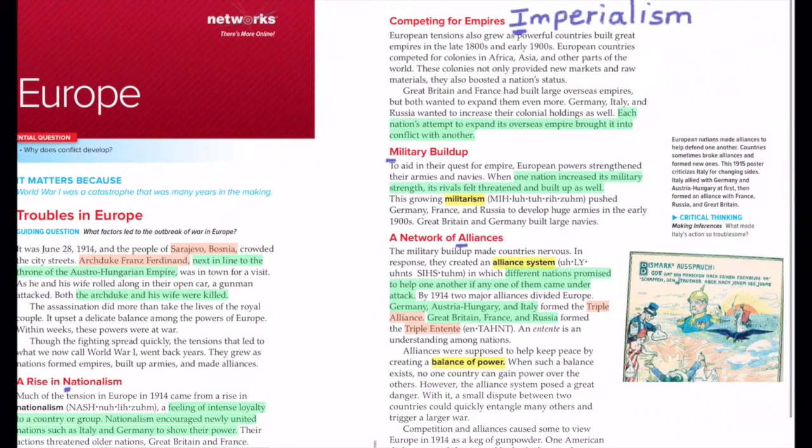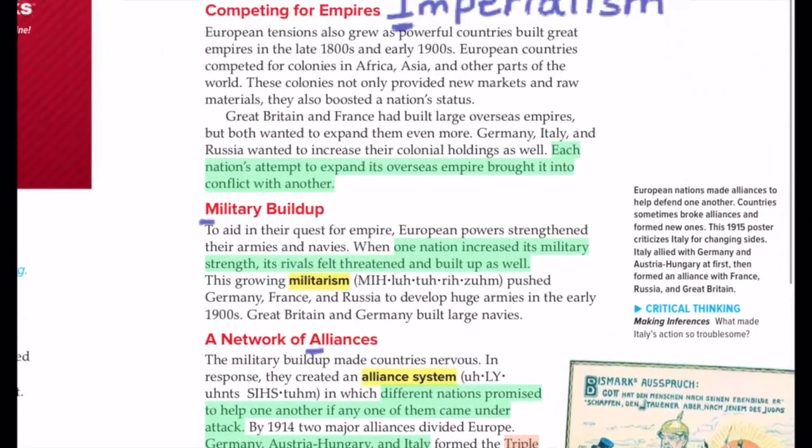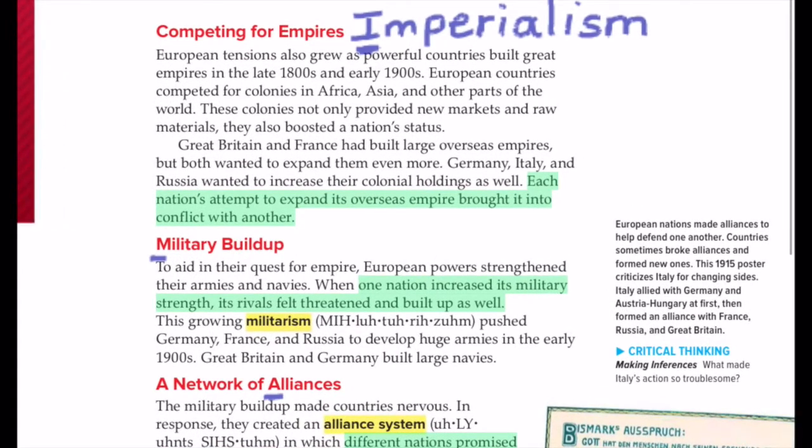Okay. The other thing is the I in MAIN, imperialism. Your book does not call it that in this paragraph, so that's why I wrote it at the top there. We've been talking so much about imperialism, their description should make sense to you, right? That other countries are expanding all over the globe, trying to build up and get colonies for themselves and make these empires, and they're doing it for new markets and getting raw materials, right?